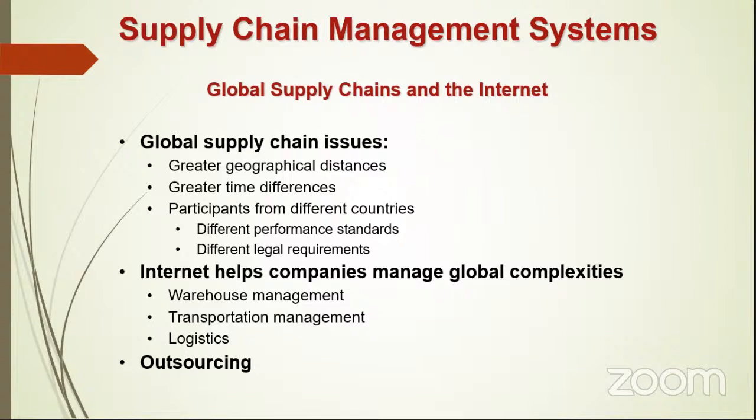All of those can be managed through cloud computing. And another aspect of global supply chain is that if it's global, you may choose to outsource some aspects of the supply chain, not within the company.